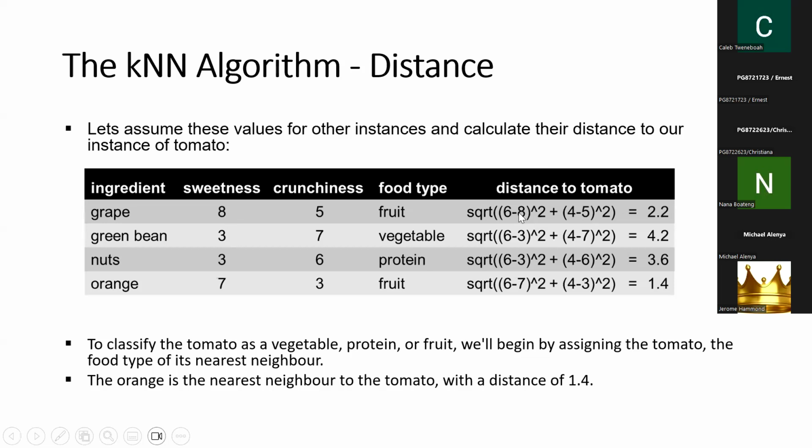So we deduct: the sweetness of tomatoes 6 minus 8, squared, plus the crunchiness of tomato, 4 minus that of grape, 5, and then we square that as well. That gives us a Euclidean distance of 2.2. We've already calculated that for green bean, remember? So we do the same for nuts, we do for oranges.